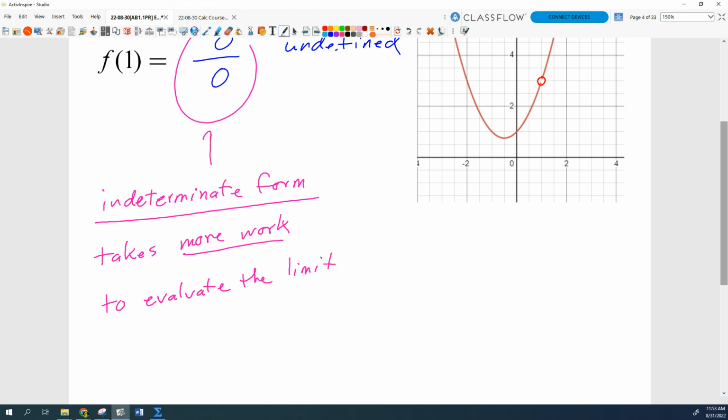For now, the more work means drawing a graph or making a table. Very shortly, the more work is going to mean we have some calculus tricks for doing this. Initially algebra tricks, but then I'll show you a calculus trick that works really well pretty soon after that.